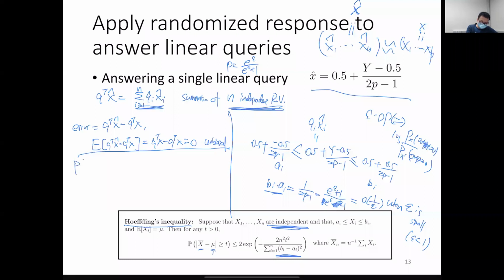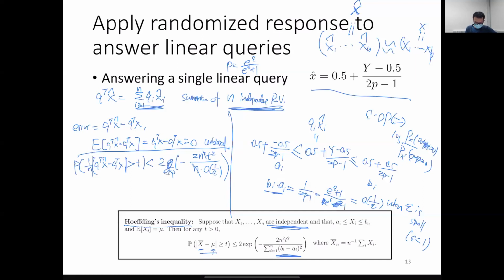Okay, so the probability of 1 over n q transpose x hat minus q transpose x, I'm just copying this over, taking the absolute value being larger than t, is smaller than 2e to the power of minus n times something that's order 1 over epsilon, and on the numerator is 2n squared t squared. This n cancels with one of the exponent here.